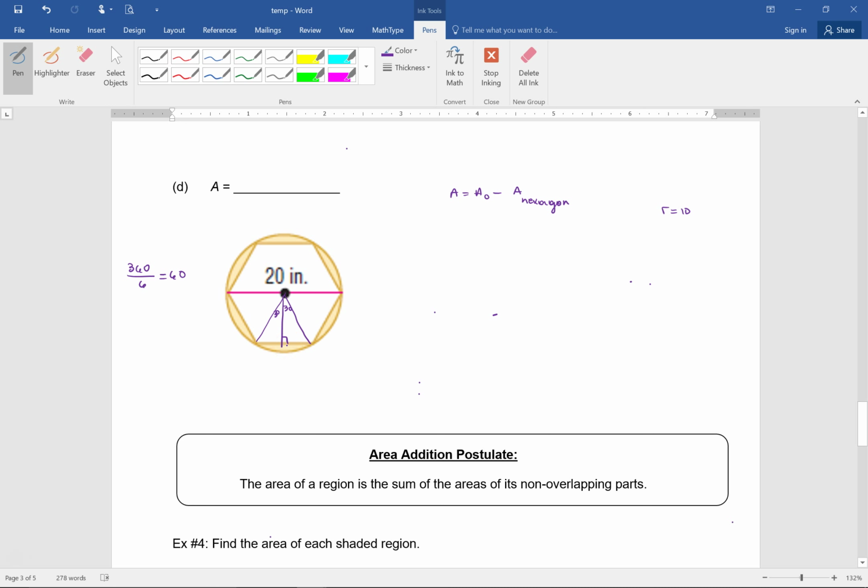Now, 30, 60, 90, I love that, okay? I know what the radius was. The radius is 10, so that side is, oh no, that side is not 10, sorry. Right. The radius is 10, right? The radius of the circle is 10, so this is 10.